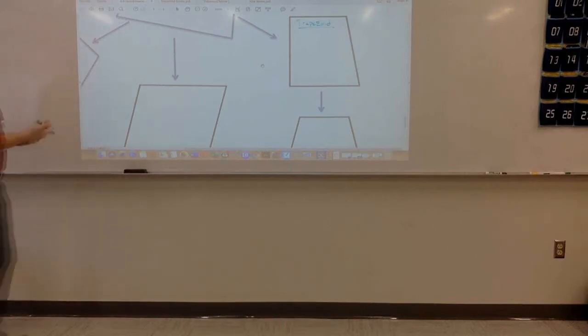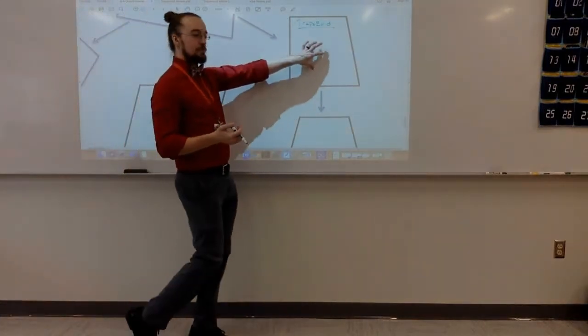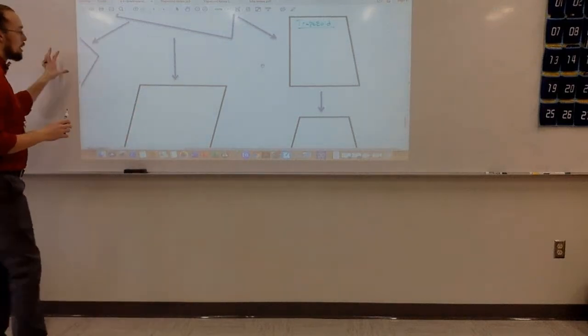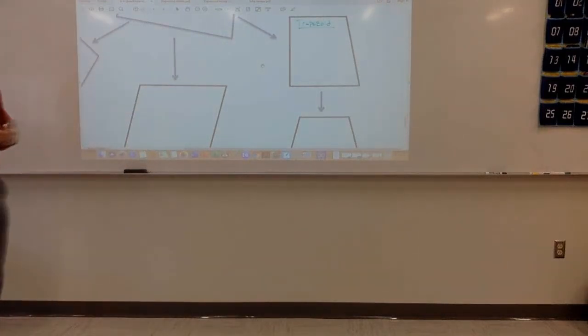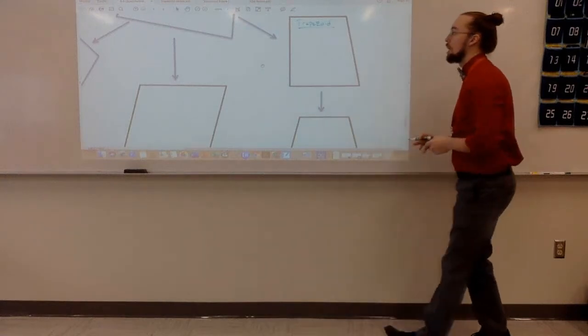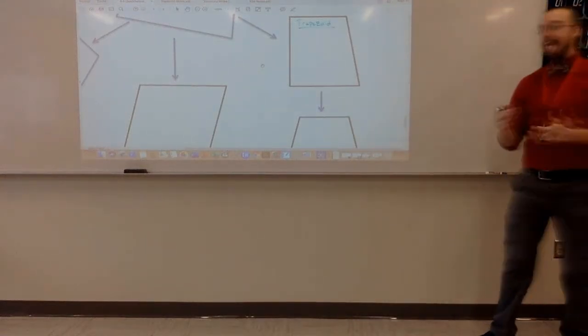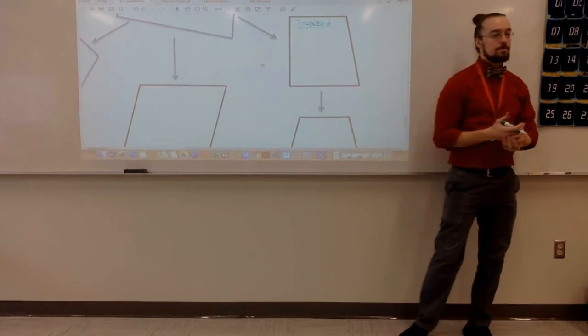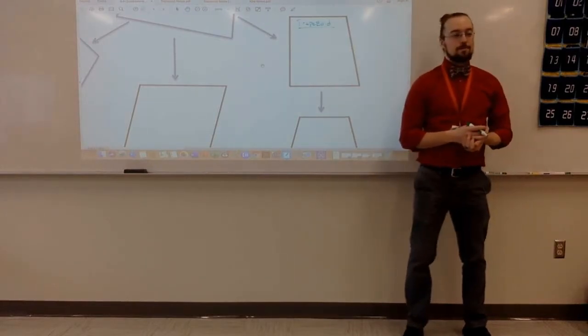All right, so we need to fill in our properties for trapezoid and isosceles trapezoid, and then our new one for today, a kite. What were our properties for any trapezoid?